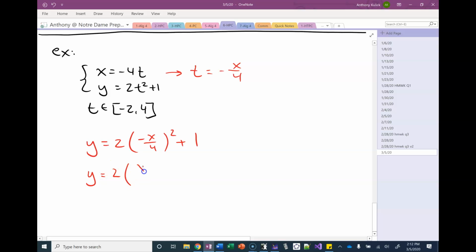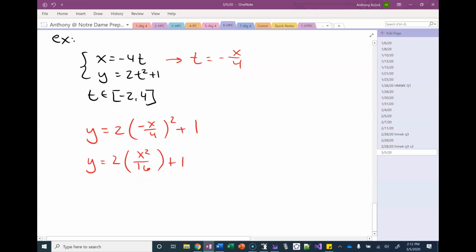We square the top and we square the bottom. And then how do I multiply 2 fractions together? Multiply the tops together and you multiply the bottoms together. So that gives me 2 over 16, or reduces down to just 1/8. So there's my Cartesian equation.